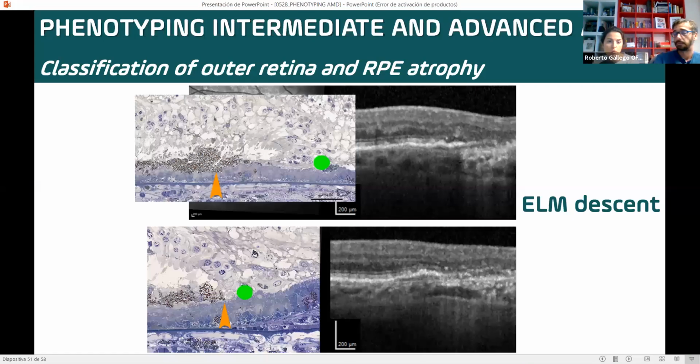Well, what you see with the ELM margin is the margin between photoreceptor loss and preservation of photoreceptors. So I think it's a valid margin that we have to use in addition to other things. It's true that it's more difficult to analyze compared to hypertransmission, but I think it's a valid point that we can clearly correlate with histology.